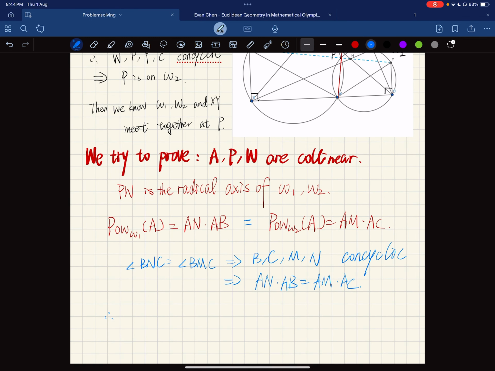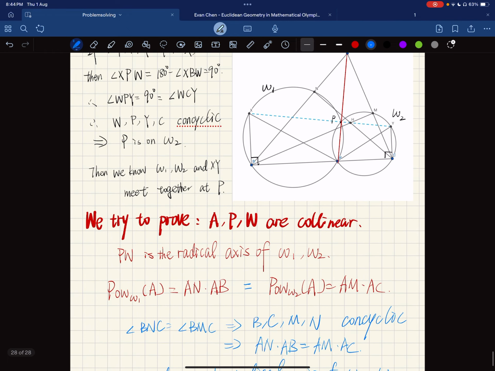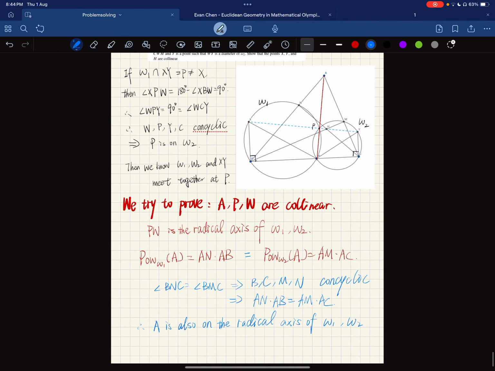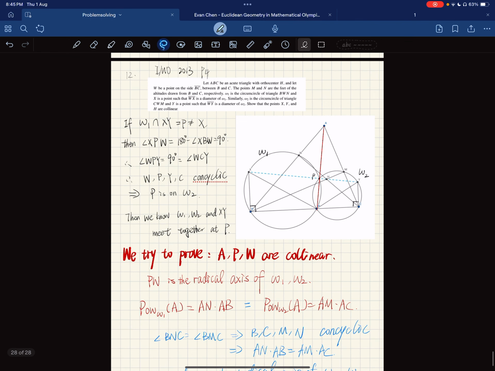So A is also on the radical axis of omega 1 and omega 2. Is that right? Then we know that A, P, and W are collinear. So we have proved the first part of the question.